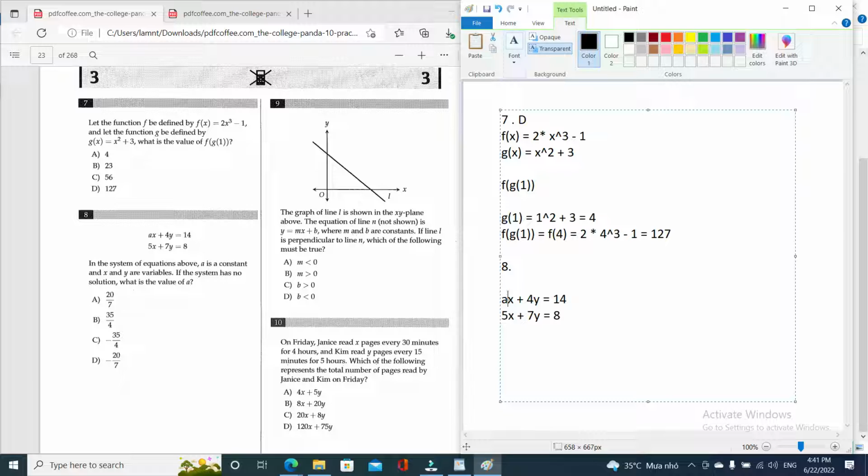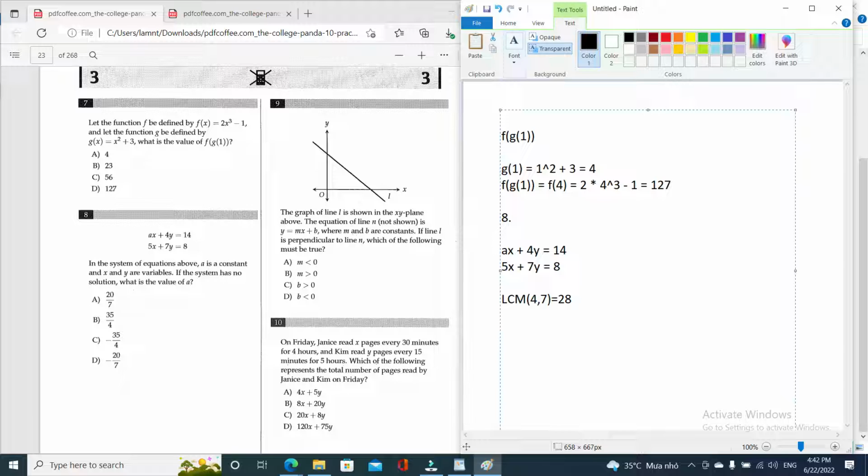Okay, so the least common multiple of 4 and 7 is 28, because 4 and 7 are co-primes. So we're going to try to get 28y. We do it like this: 7 times (ax plus 4y) equal to 14 times 7.